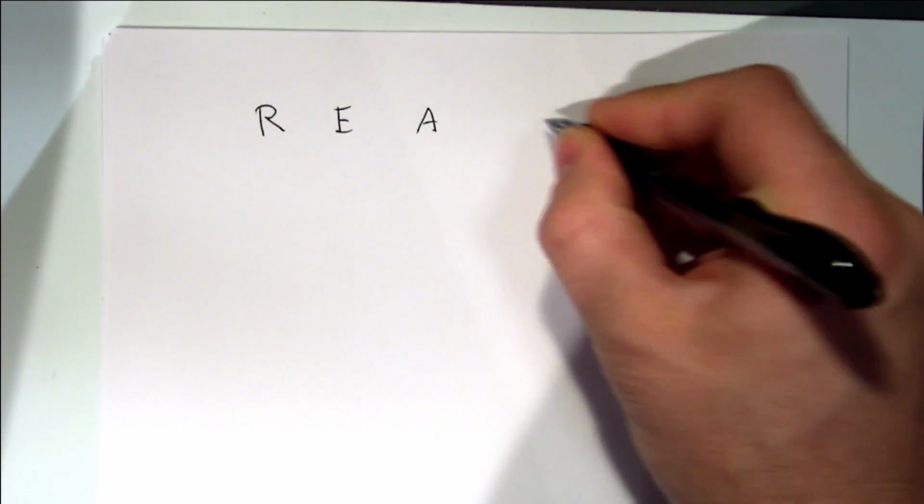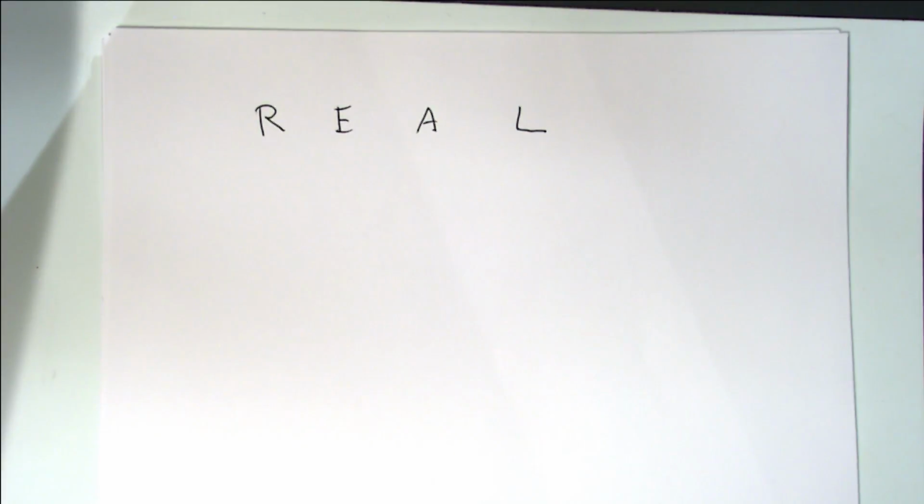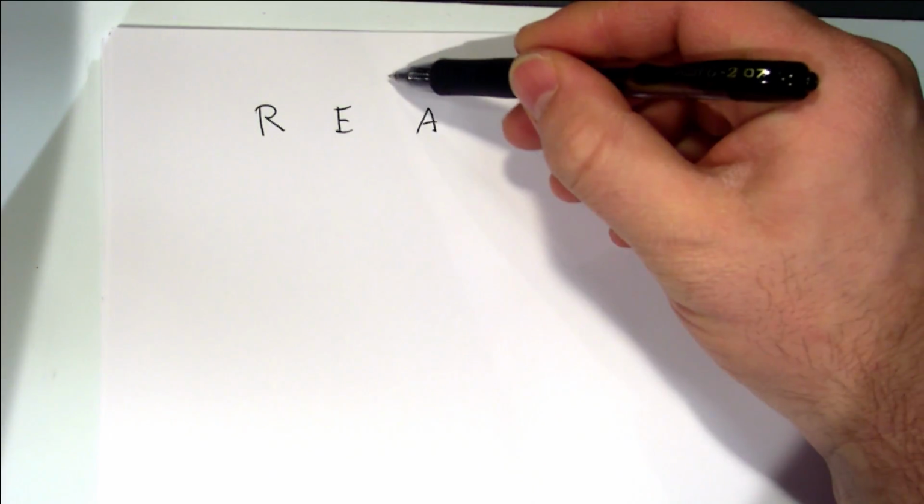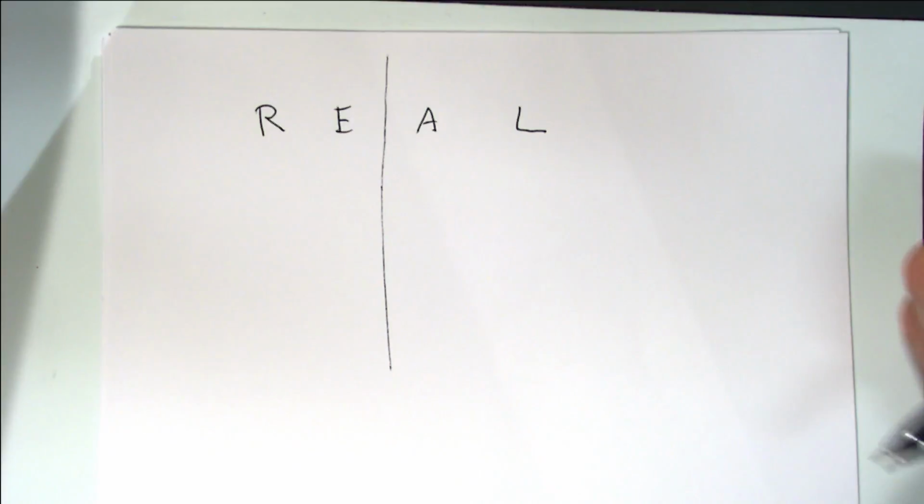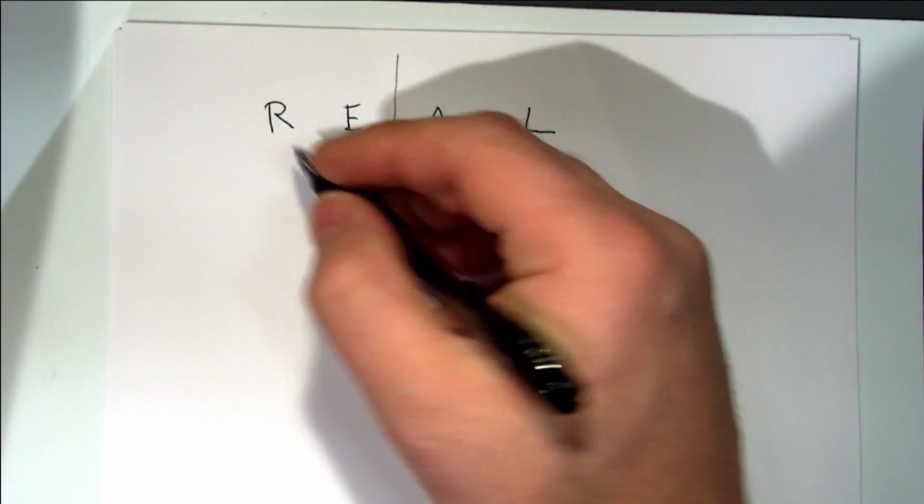Like Dave Krug is a real smart guy. Okay? And then draw a line down the middle of the word real. Okay? All right? Now, what do you think those letters stand for?